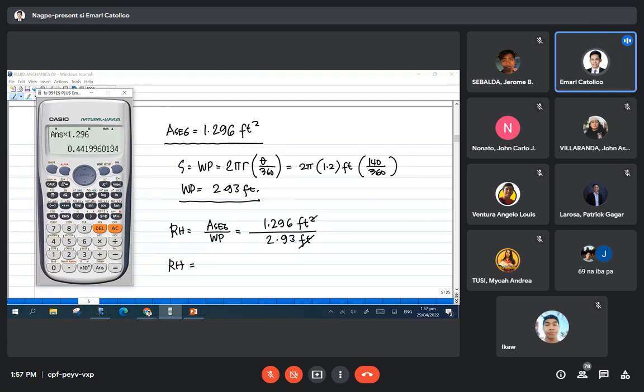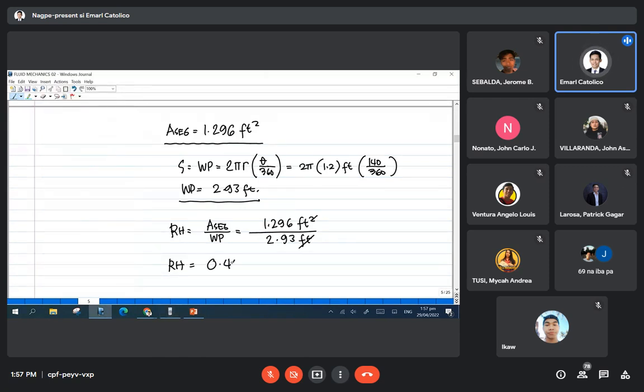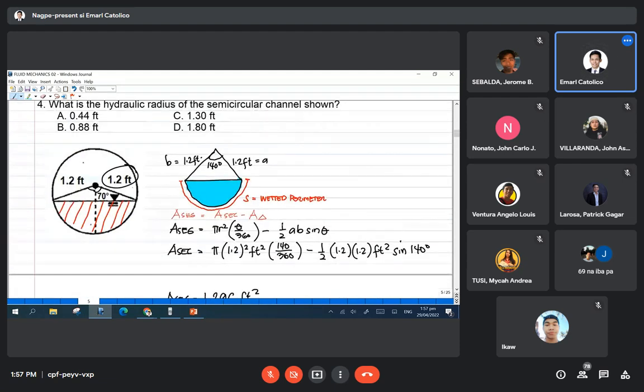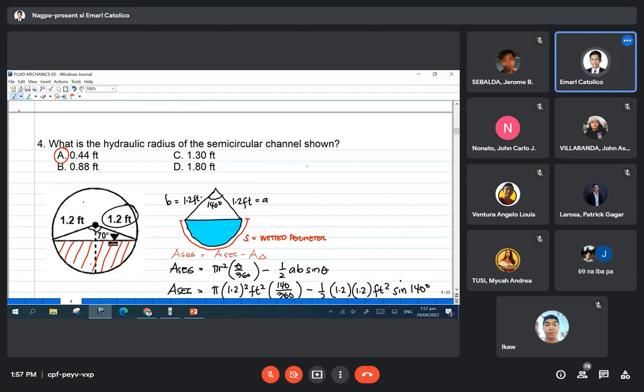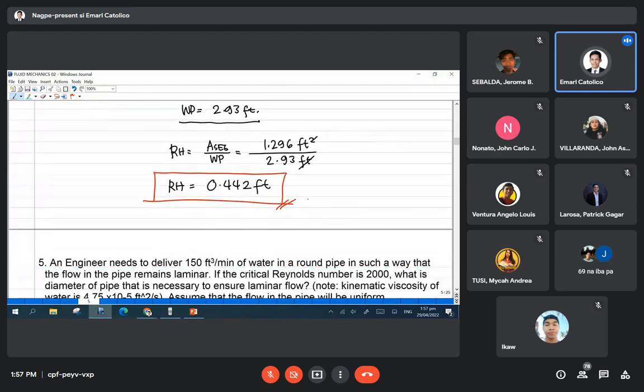Okay, so therefore, hydraulic radius is 0.442 feet. Okay. Check natin sa choices kung tama ba ang magagawa natin. Ayan. So letter A, 0.44. Okay. The next item.